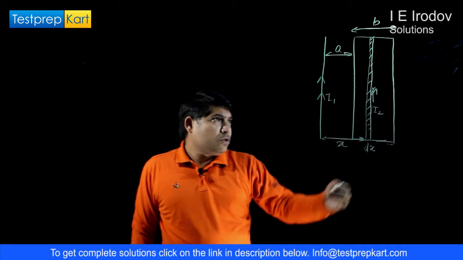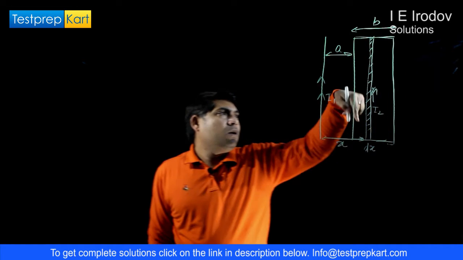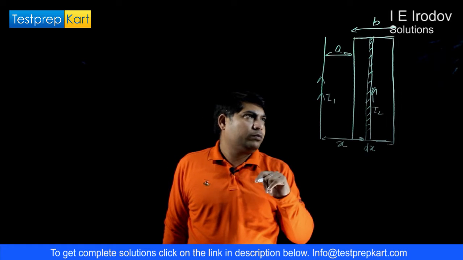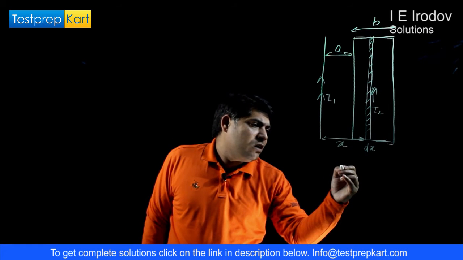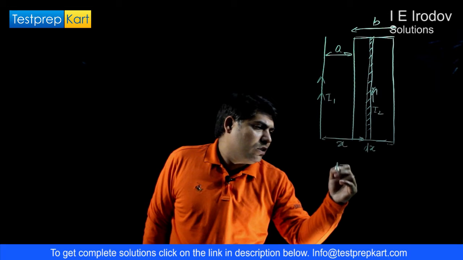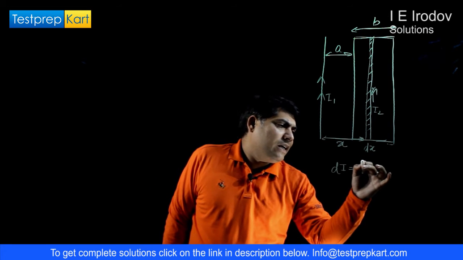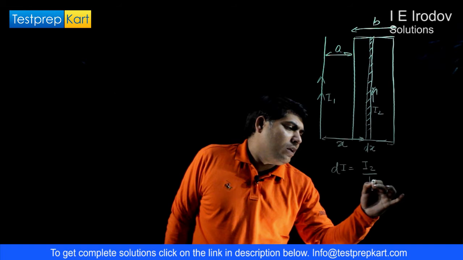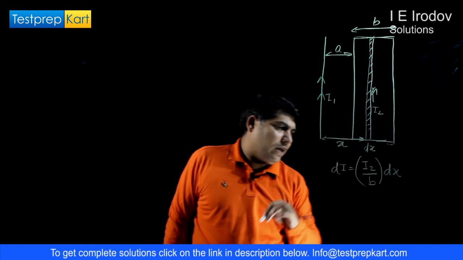Along the width B, current I2 is passing through conductor number 2. So the current passing through this dx segment is I2 over B, that is per unit width, multiplied by dx.